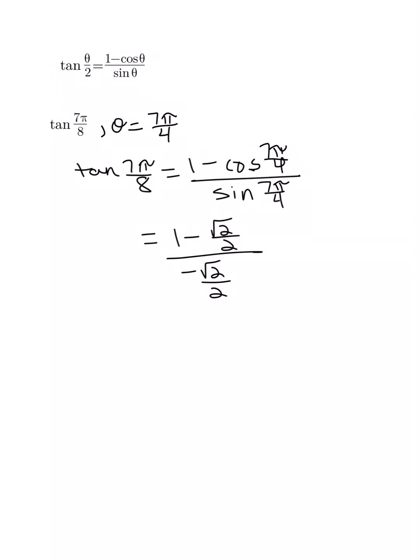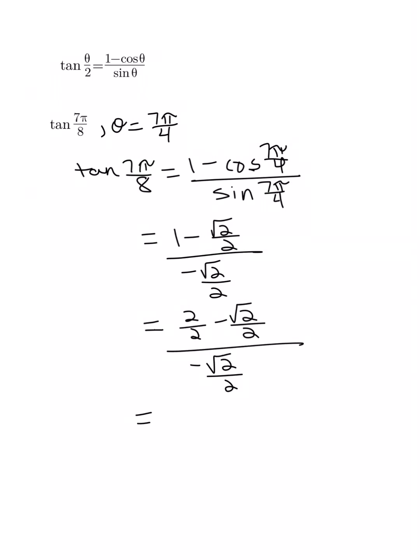At this point, we have that same situation where we need to get a common denominator with the two terms in the numerator. So we're going to have 2 over 2 minus the square root of 2 over 2, all of that over negative square root of 2 over 2.